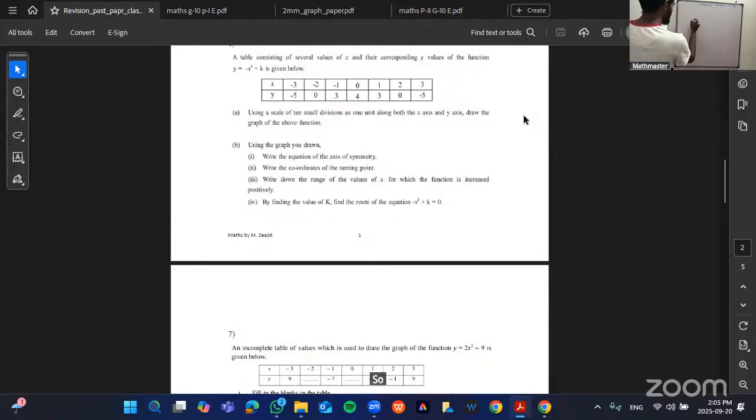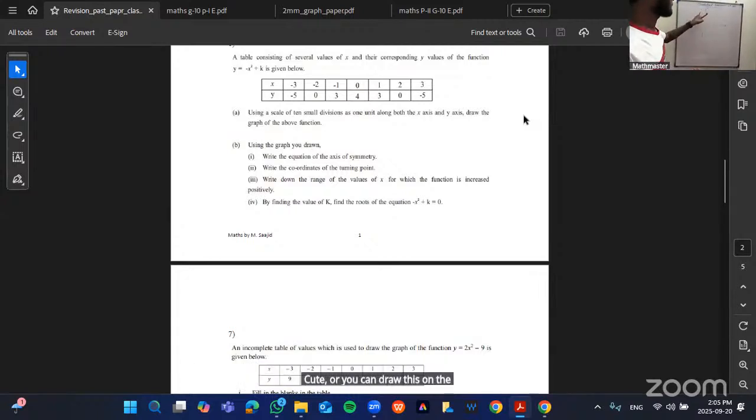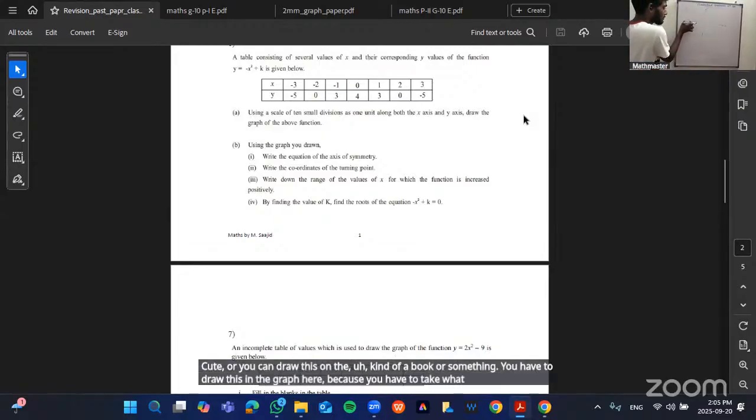So we can take the x and y axes like this. This is y, this is x. But you have to draw this on graph paper. You can't draw this in the tute or a book or something. You have to draw this on graph paper, because you have to take 10 small divisions as 1 unit and draw it, right?